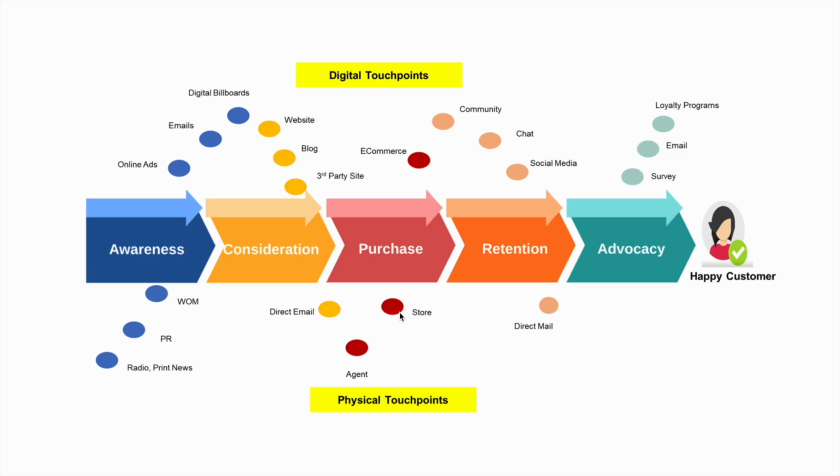It could be an e-commerce purchase or direct in-store pickup. So these are the options which he has. These are also the physical touch points, in-store and agent. Then the retention: chat, community, social media, and here the physical touch point could be direct mail. Advocacy is where we can identify whether he's a satisfied customer or not by filling in the survey, the mail response, and then the loyalty programs.